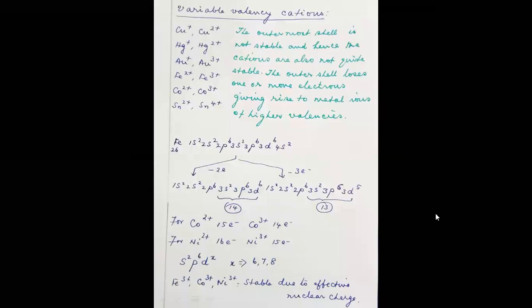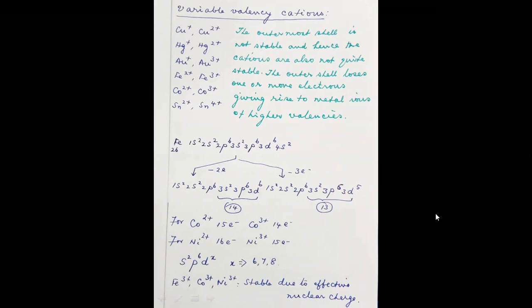Hg2 plus is mercuric. Au plus is aurous. Au3 plus is auric. Fe2 plus is ferrous. Fe3 plus is ferric. Similarly, cobalt 2 plus, cobalt 3 plus, stannous, stannic, something like this.